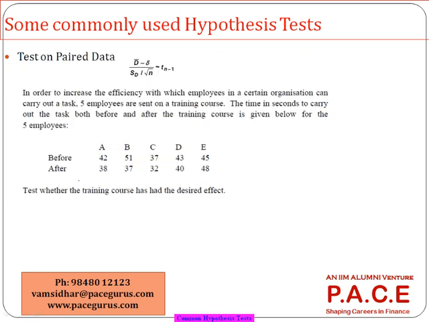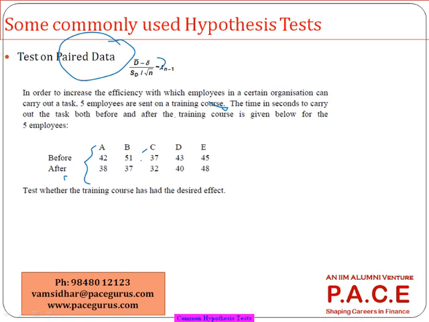But in some cases we may end up with paired data, which means the two populations are not independent, but they are typically pairs, especially in scenarios like before and after. The two data sets are not independent, but before the addition of something and after the addition of something.